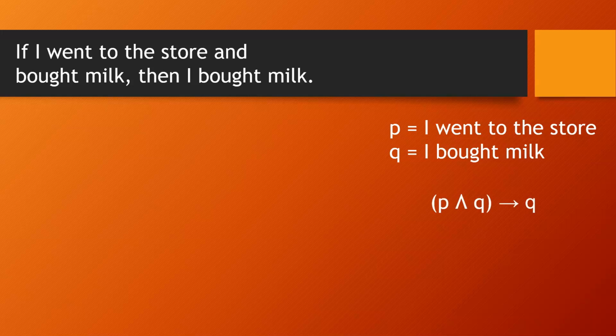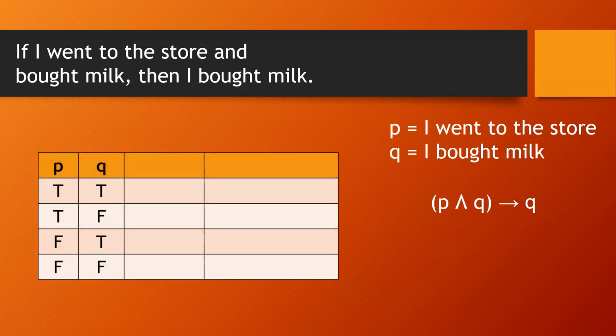So our sentence can be written symbolically as if P and Q, then Q. Now we need to make a truth table for this. So we'll need a column for P and Q, and we'll need a column for our entire statement, if P and Q, then Q.